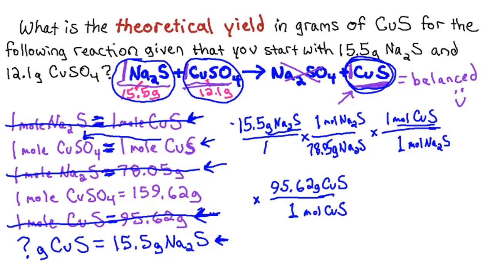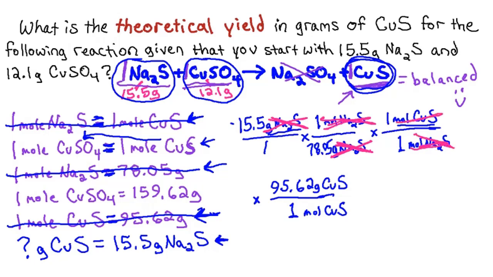Now, we need to cancel out all of the units of measurement that are diagonally across from each other. So this grams of Na2S cancels out with this grams of Na2S. This mole of Na2S cancels out this mole of Na2S.